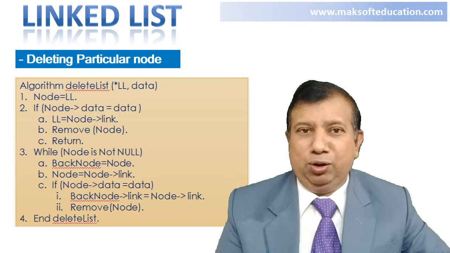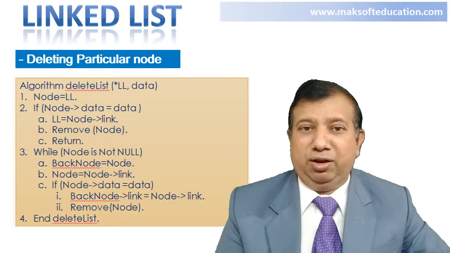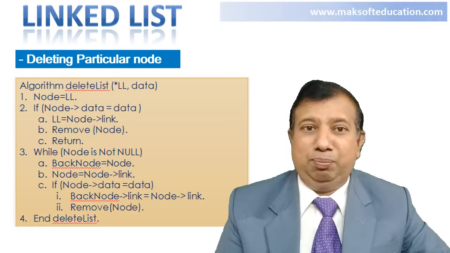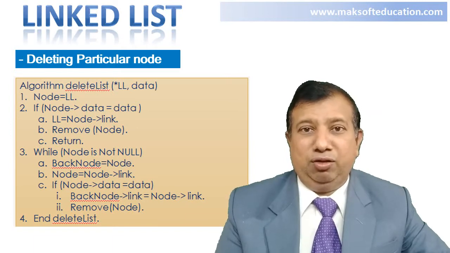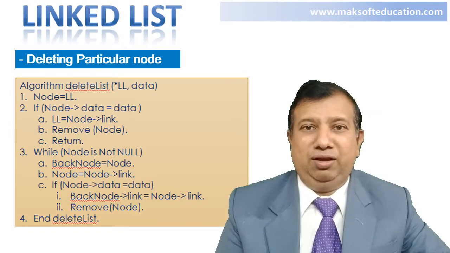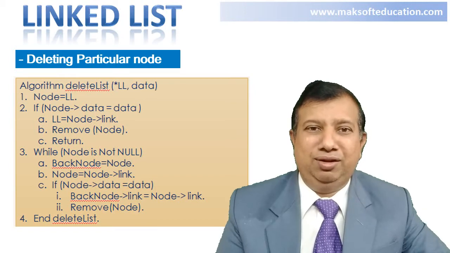Otherwise we continue the loop. Okay. So when the loop is finished, there are two possibilities. Either that particular node has been found and deleted, otherwise the value you are searching is not available in the linked list. So this is the algorithm for deleting a node from a linked list.